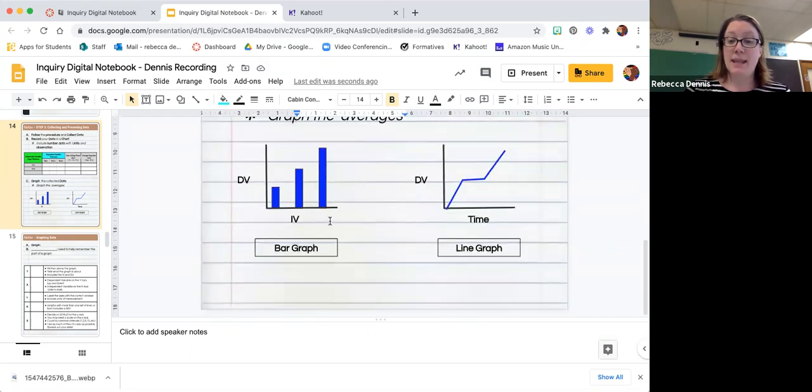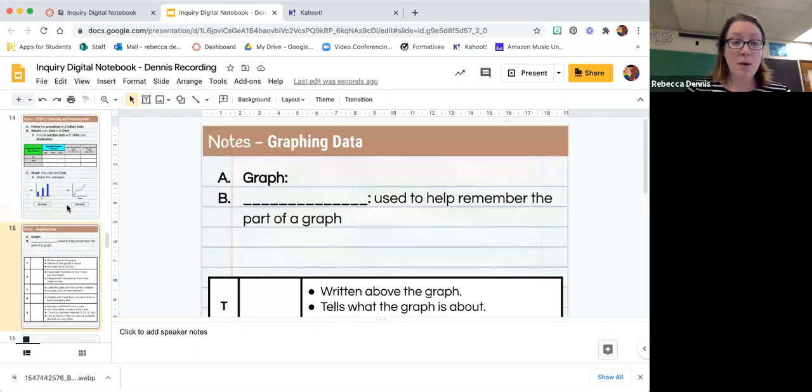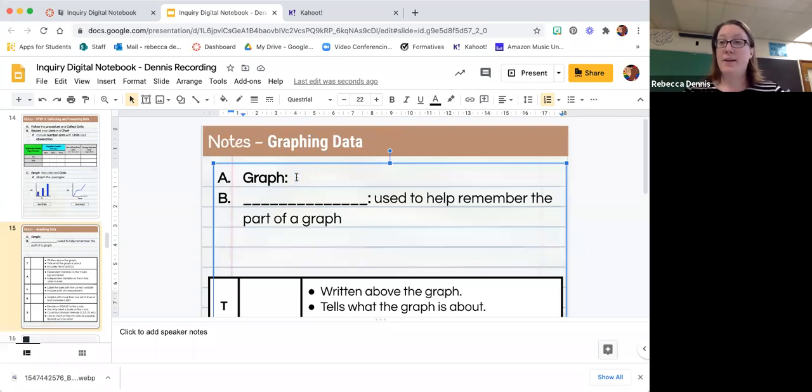All right, then we are going down to page 15, graphing. All right, so what exactly is a graph? I asked that in class and most of you came up with the idea that it is a picture of your data.